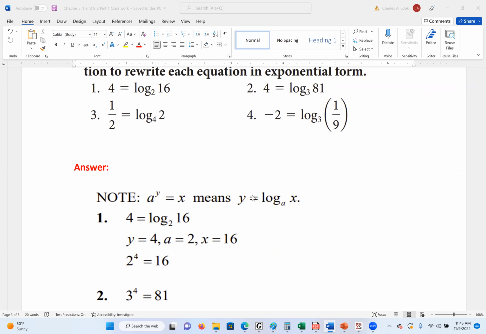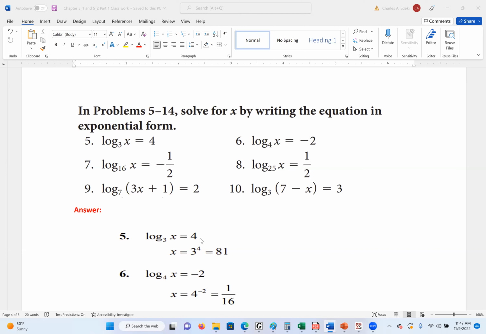Now to solve this problem, we consider the quicker way is to convert the expression to an exponential equation. Because if I have log base 3 of x equal to 4, the base is 3 to the power 4 equal to x. So x equal to 3 to the power 4, which will give me 81.